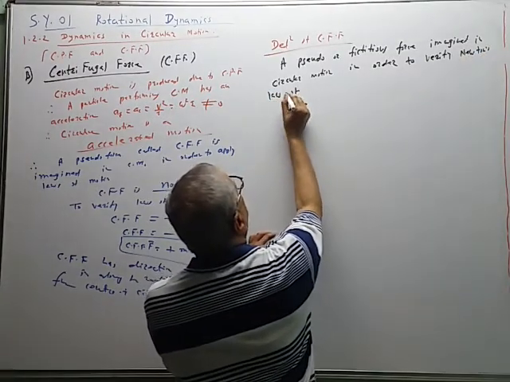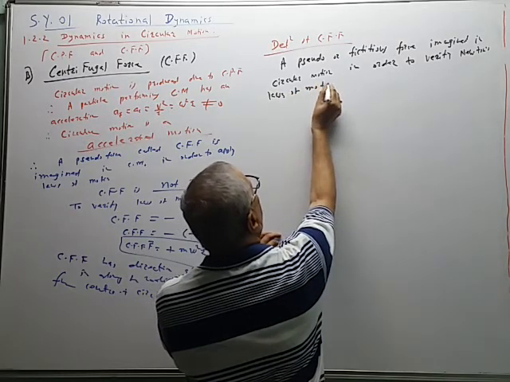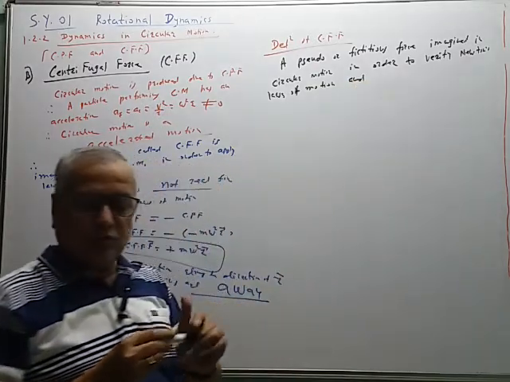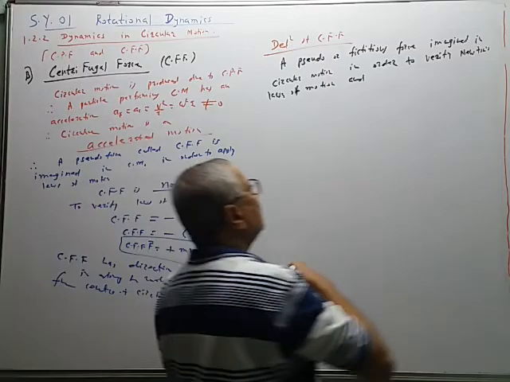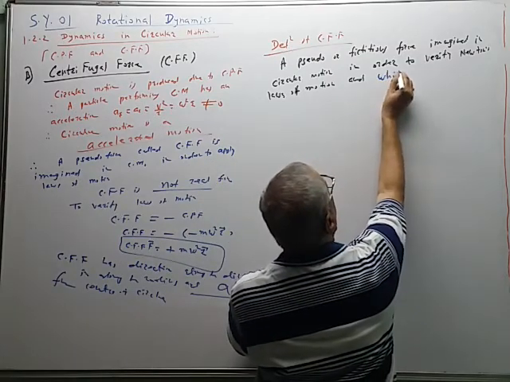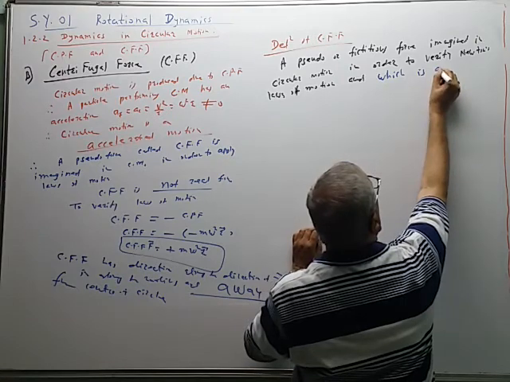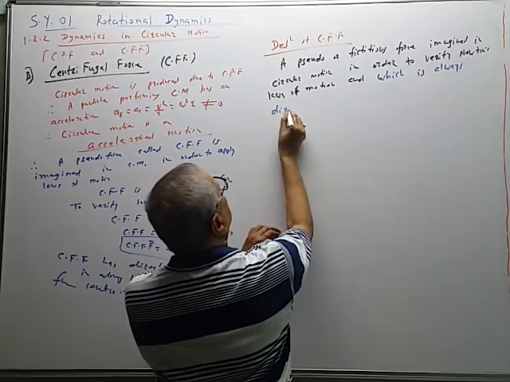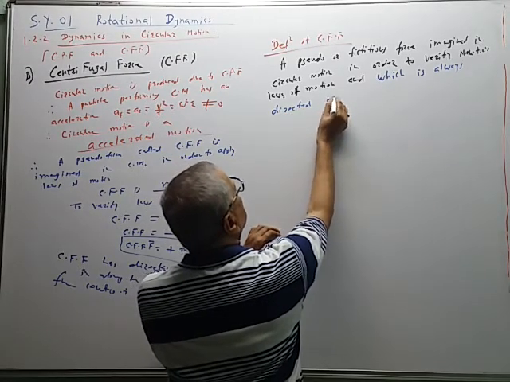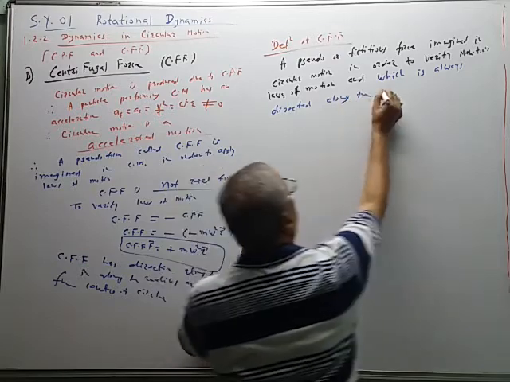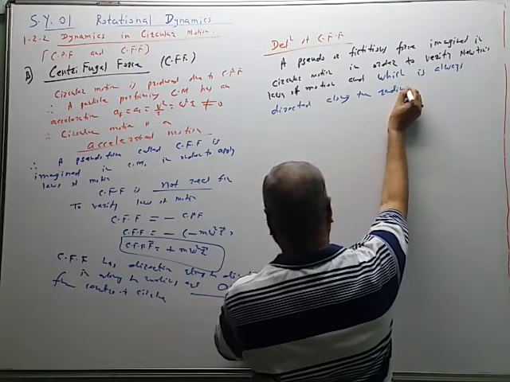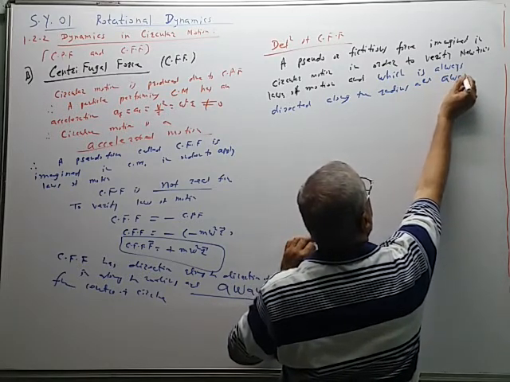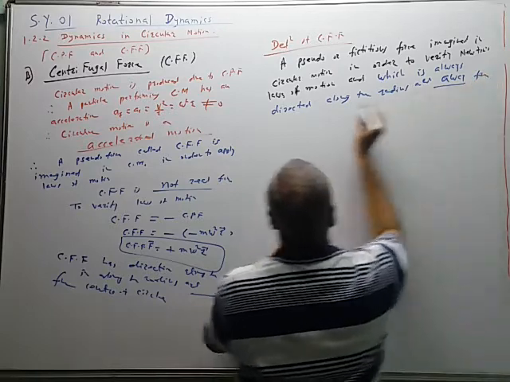This is one point. Second point, and which is always directed along the radius and away from the center of the circle.